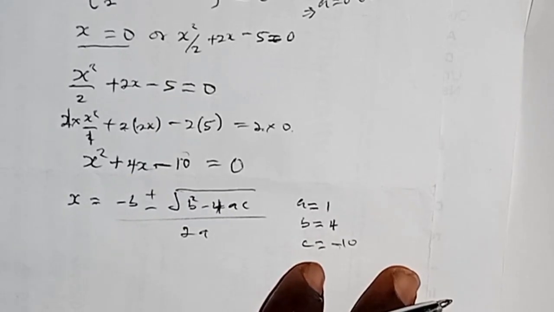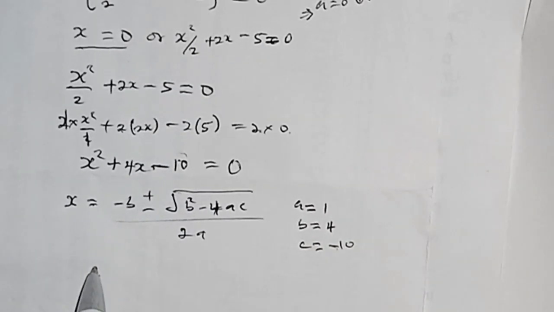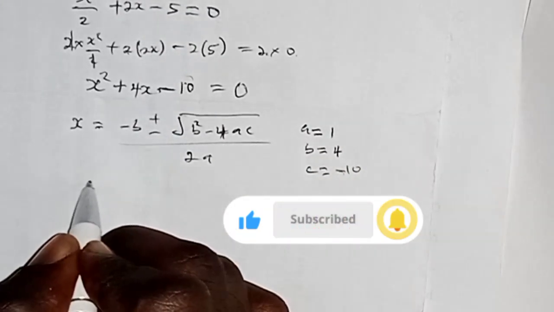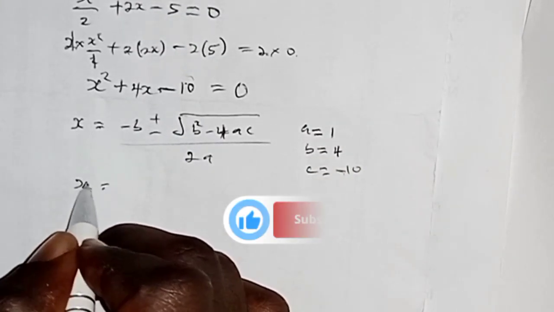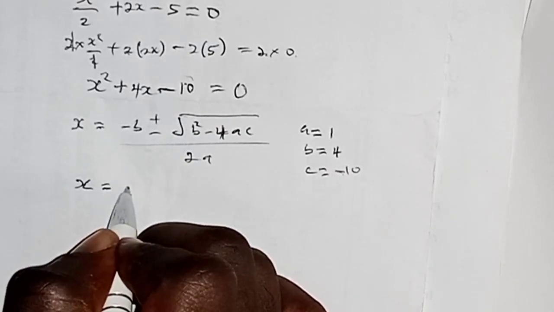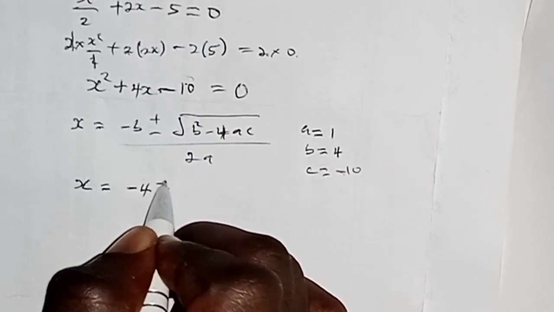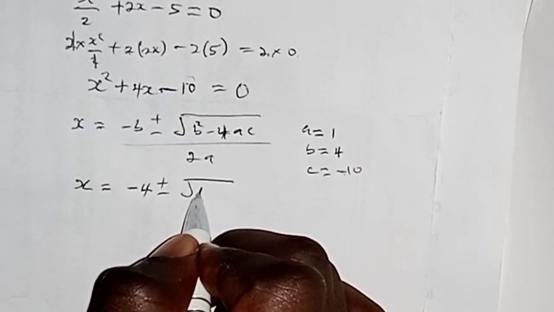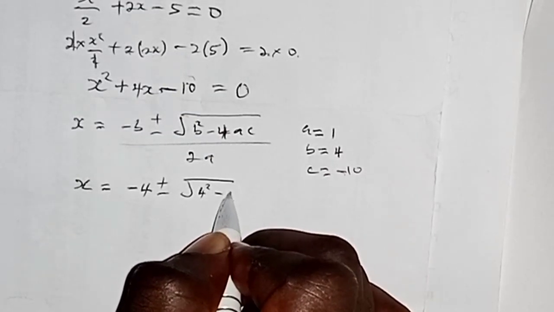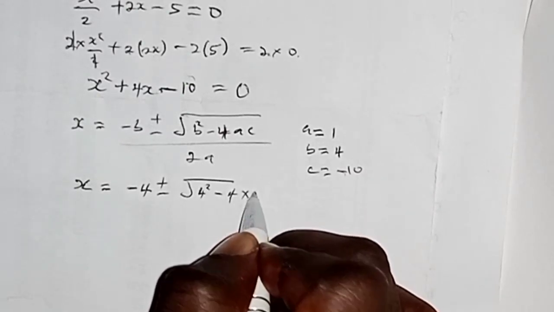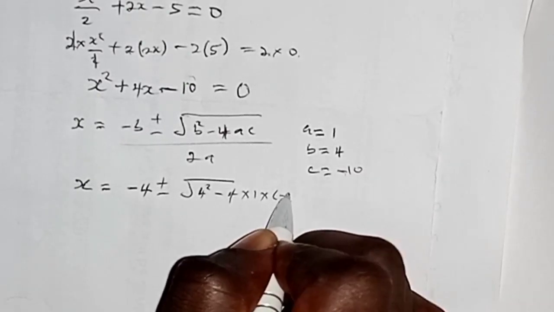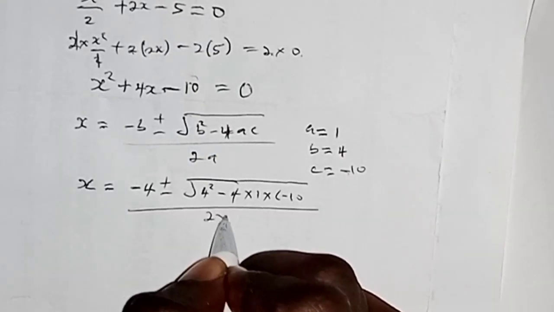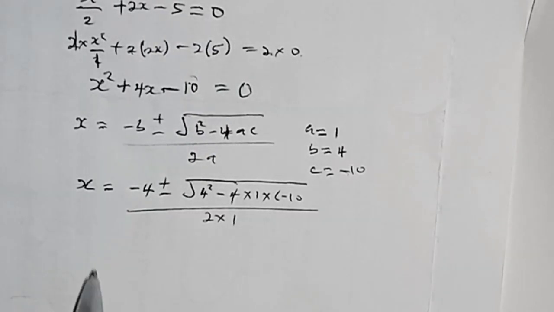So I'm going to go ahead and substitute in this formula. If I do that, I will have that x is equal to minus 4 plus or minus the square root of 4 squared minus 4 times 1 times minus 10, and it is also divided by 2 times 1.